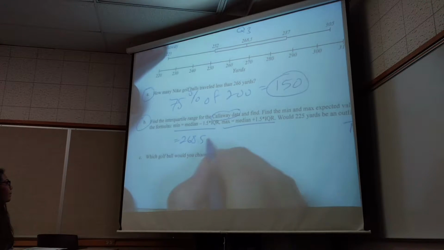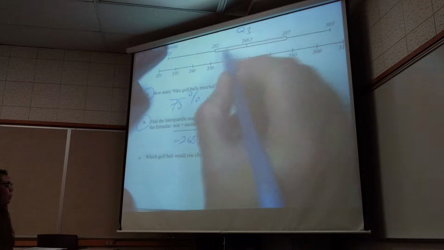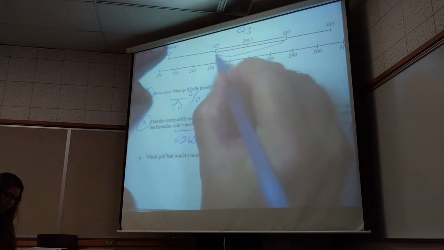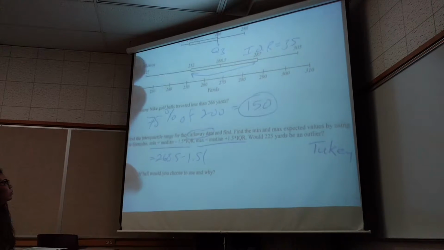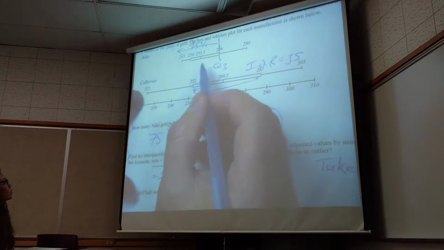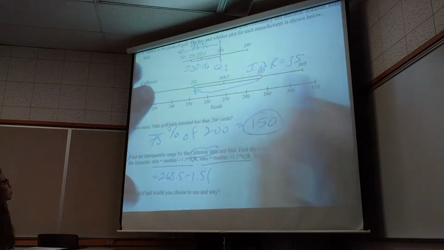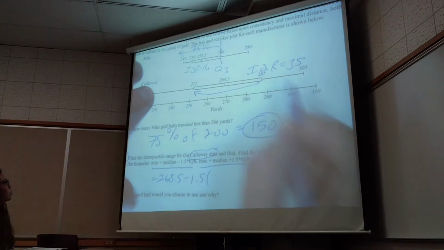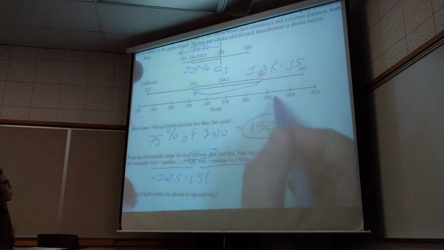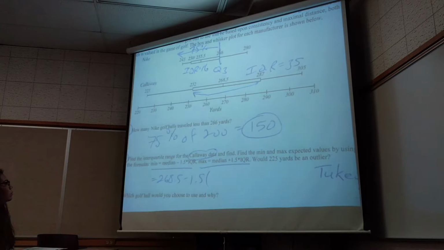And the IQR for the Callaway is 35. Just out of curiosity, what's the IQR for Nike? 16. So you can visually verify there is less variation here than there is here. There's much more variation here, not just because of the whiskers being so far out, but because of the middle box being so stretched out.